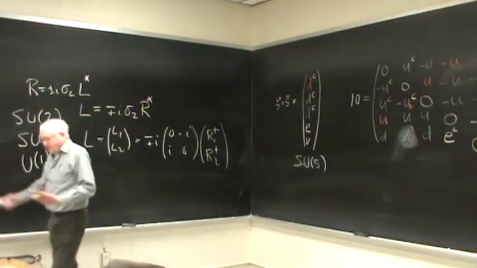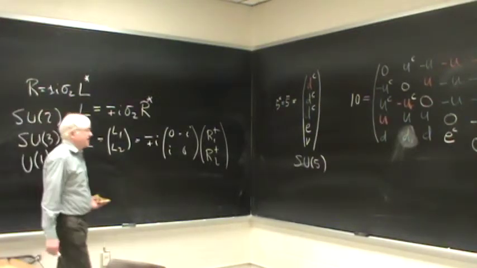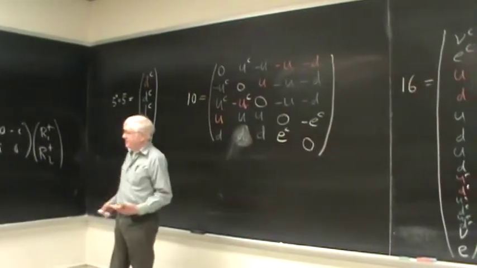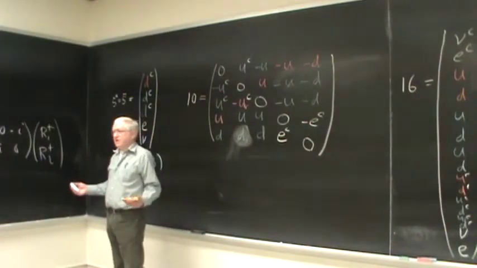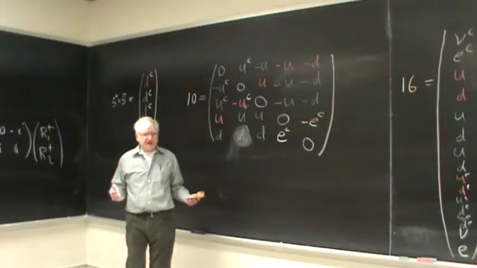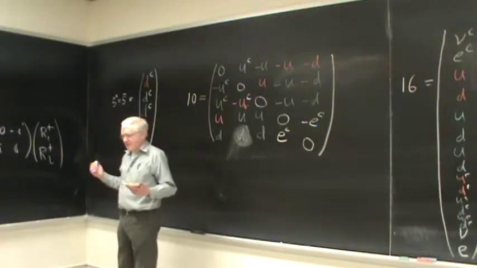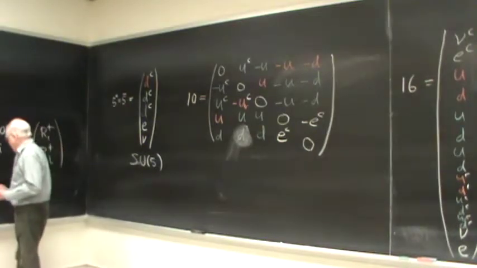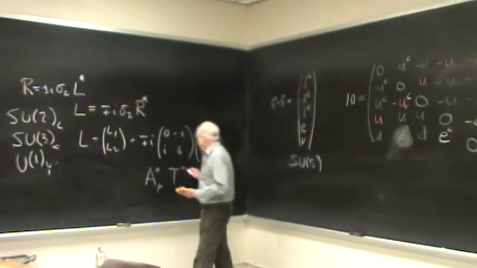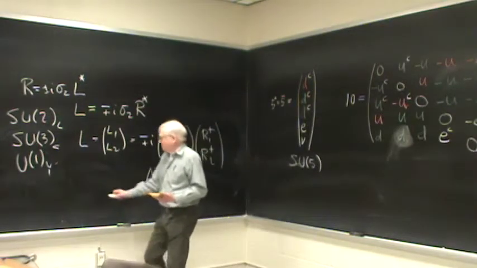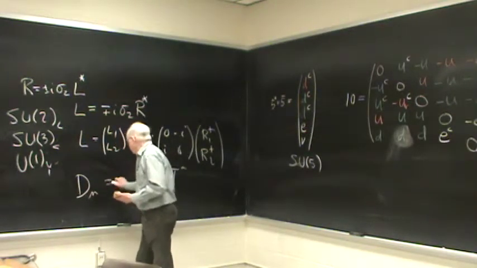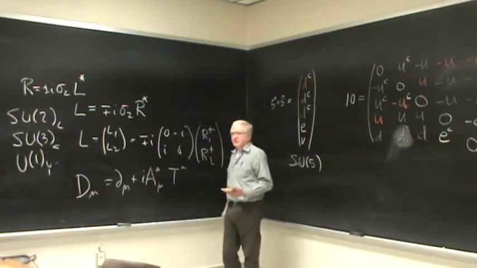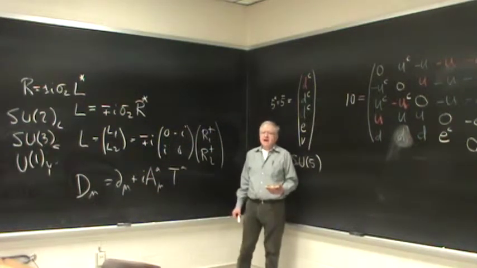So once all of the fields are left-handed, you then have 15 or 16 left-handed fields, and then you act on them with the gauge bosons multiplied by the generators. So you have A mu, A TA, and in other words, your D mu is del mu plus, and typically we have an i here because of the physics fetish.